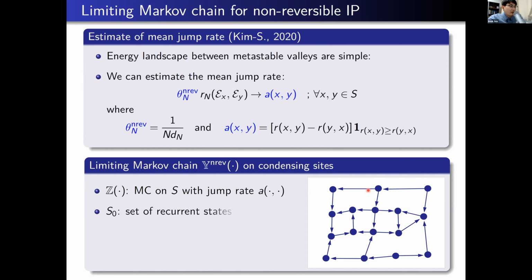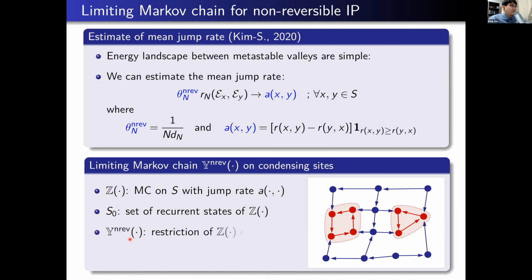So, okay, now let's define S0 as the recurrent states of this dynamics G, which is constructed using this A. Which means that if you start your condensation at this transient site, then you go to this site and then to this site, and you arrive at the recurrent component and you stay here forever. The same for here.